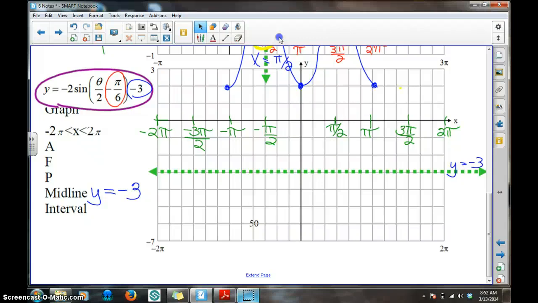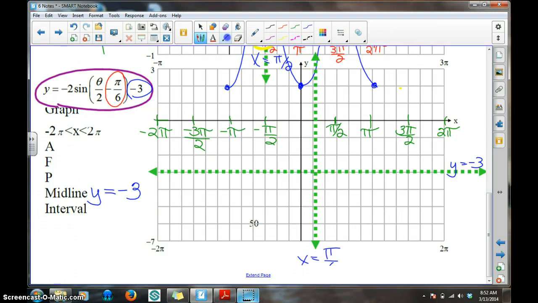Pi over 6 is 1 box, and I will name that as x equals pi over 6. Now, for my purposes, everything else I do should be the same, but I'm going to treat this like it's my origin, and I'm going to work from there.